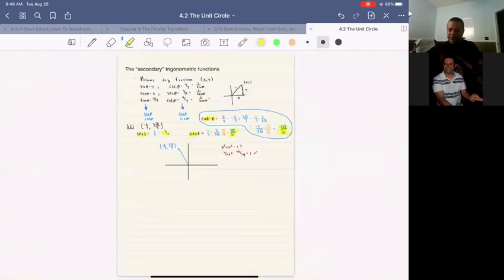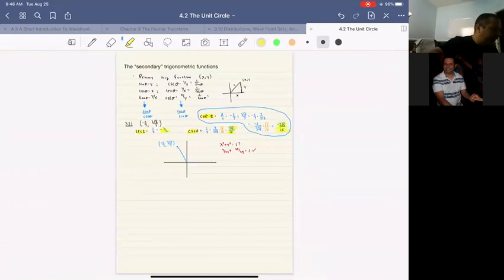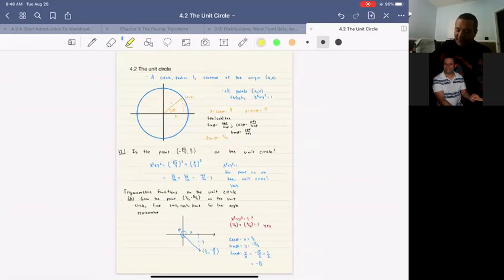All right, let's see what else we got here. The next thing we're going to do, we're going to talk about what most students think of as the unit circle, but it's not really quite the unit circle. It's not really quite what I mean. So let's go ahead and copy this.